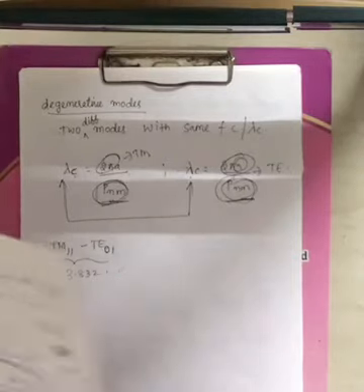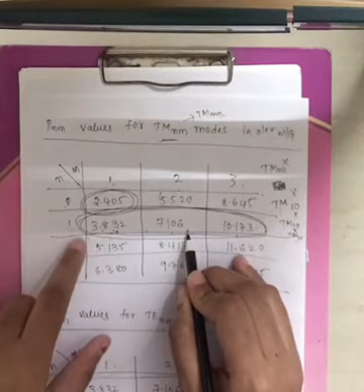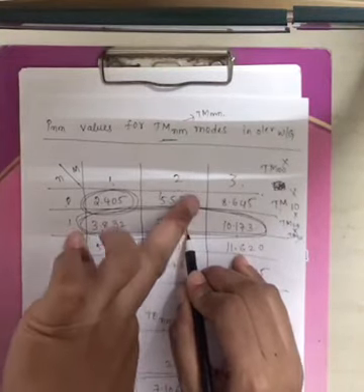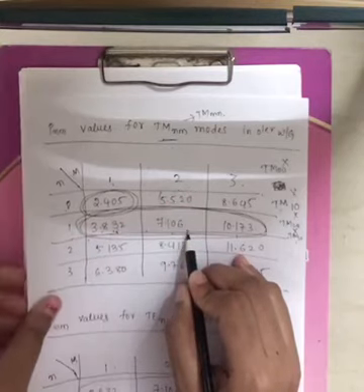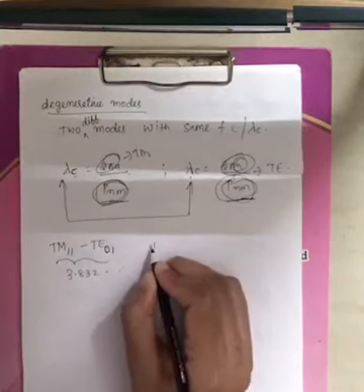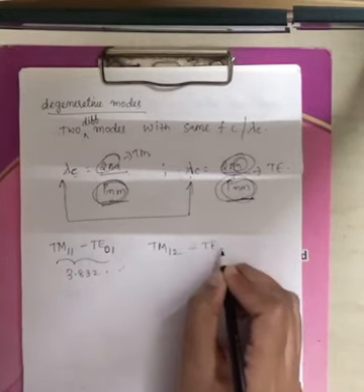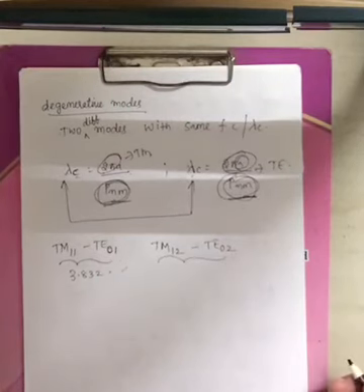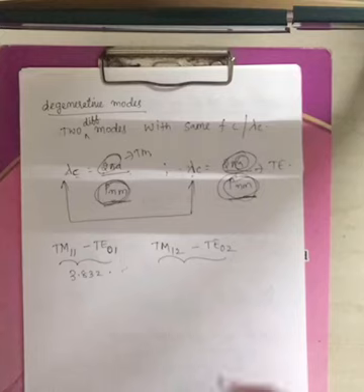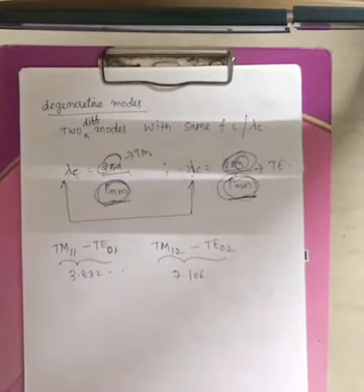Now similarly, if you see the next one, you have 7.106 for n equals 1 and m equals 2. That is nothing but TM12 and TE02. These two modes also will have the same cutoff frequency or the same cutoff wavelength, given by 7.106.